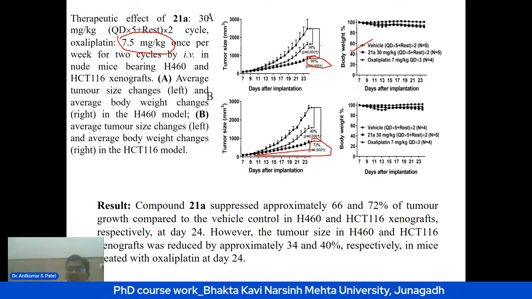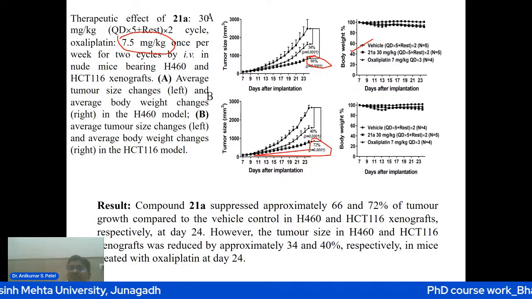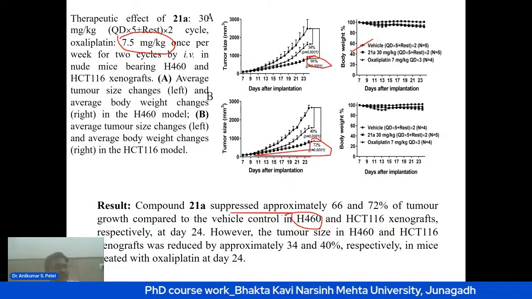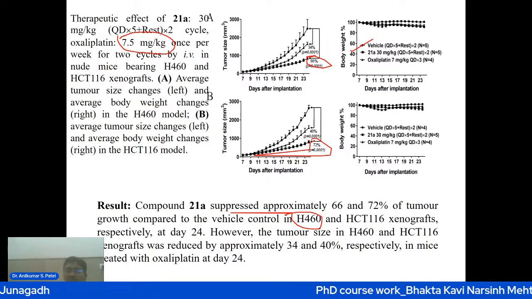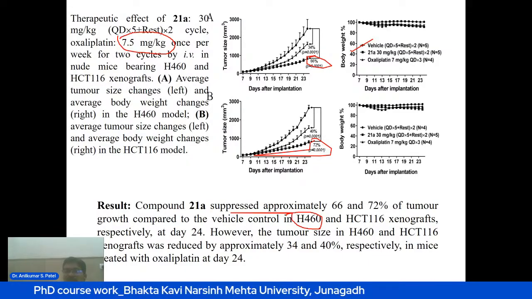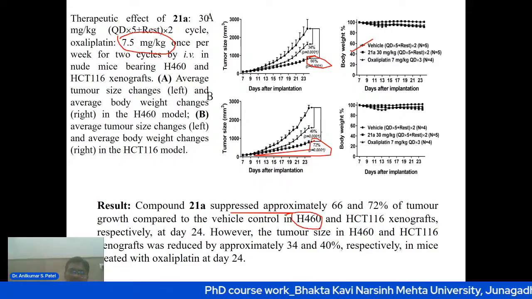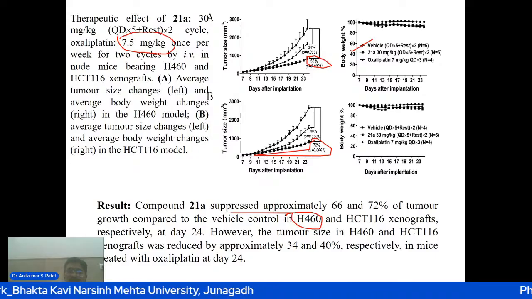The standard drug gives 34 percent, whereas our compound gives a 66 percent reduction in H460, the non-small cell lung cancer cell line. In HCT116, the colon cancer cell line, our compound gives 72 percent tumor size reduction, compared with only 40 percent for the standard drug. So these compounds give very good activity in vivo.